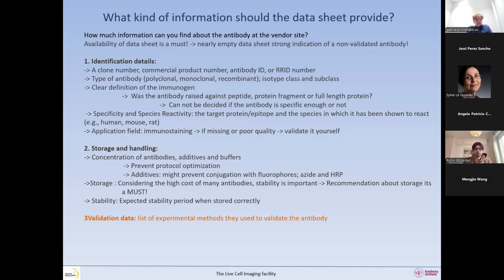Storage and handling: concentration of the antibody, and additives and the buffer. This information is crucial. If it's not there, you spend a lot of time optimizing your protocol. The additives and the buffer, if the information is not there, it might prevent you from using this antibody, for example, if you want to directly conjugate it to different fluorophores.